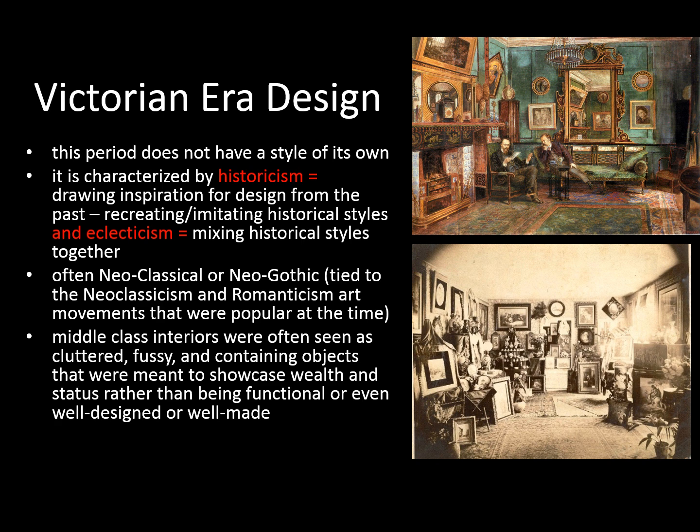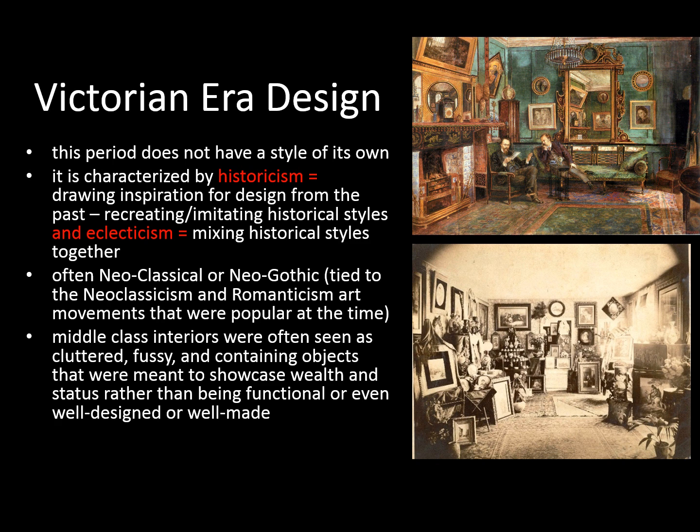And so when we think about design during the Victorian era, it's something that is a little bit hard to talk about because really, when we think about period designs, most periods have their own style, but the Victorian era is unusual in that it doesn't have a style of its own. And really, it's characterized much more by what we call historicism, which is like they drew inspiration from the past, right?